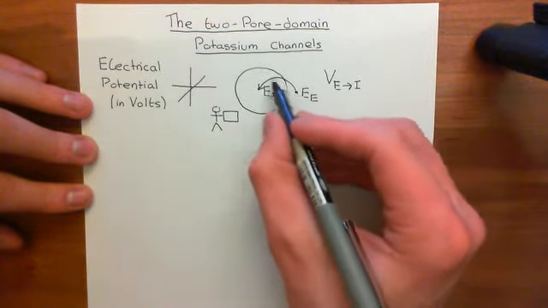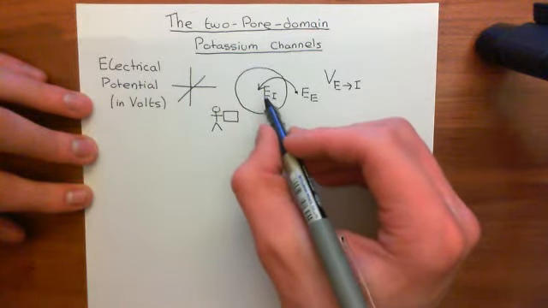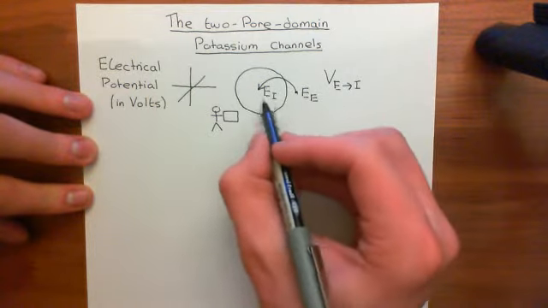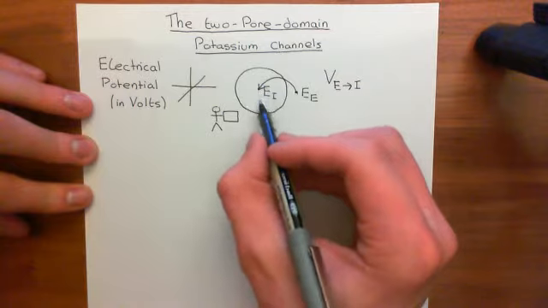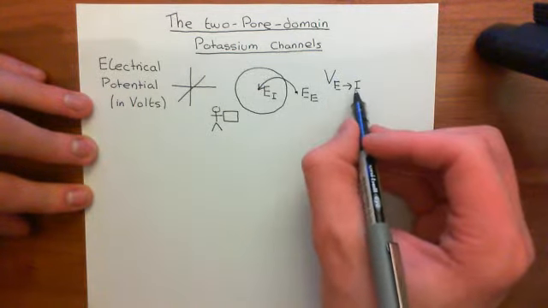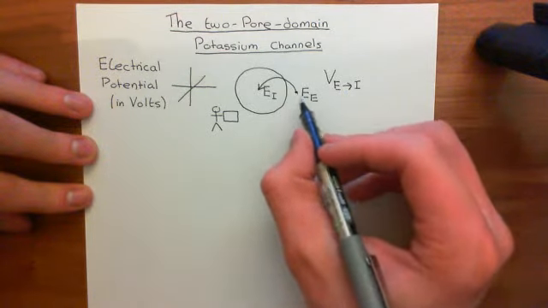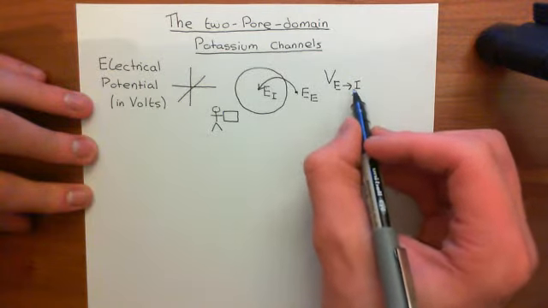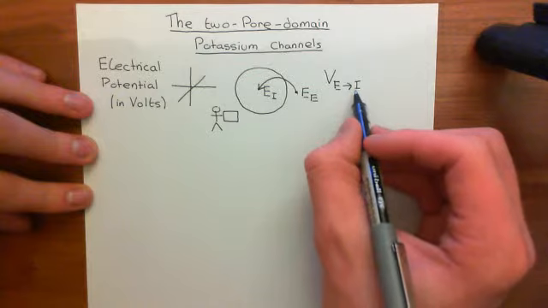If he was to then cross the membrane and go into the intracellular fluid, the number on his screen would change. And it would change to this value here, the electrical potential of the intracellular fluid. Okay, the voltage from extracellular to intracellular across the cell membrane means how much would the number on his screen change if he moved from extracellular to intracellular.